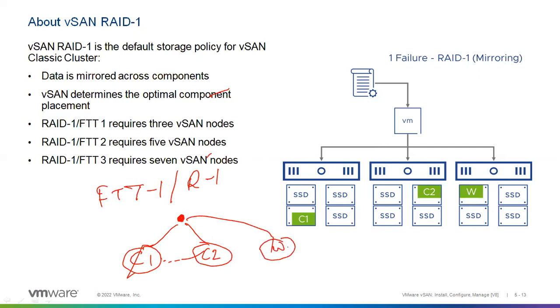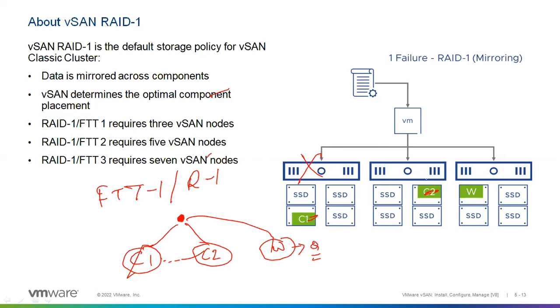That witness is not an equal amount of data; it is 5 MB of data that works as a quorum. Quorum just monitors the health of my environment. These components will be created on different objects. That is my FTT 1 RAID 1. It means that if, for whatever reason, an entire node fails, my data is still safe.